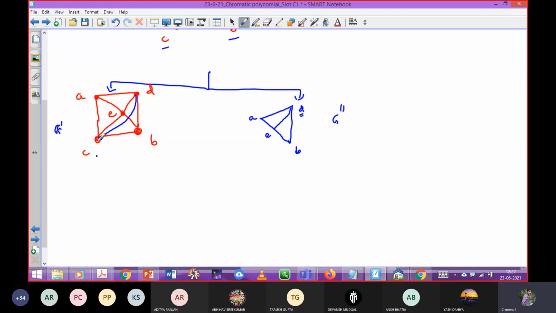The CB edge is going to lie on the BD edge, because B is a vertex having a connection with C.